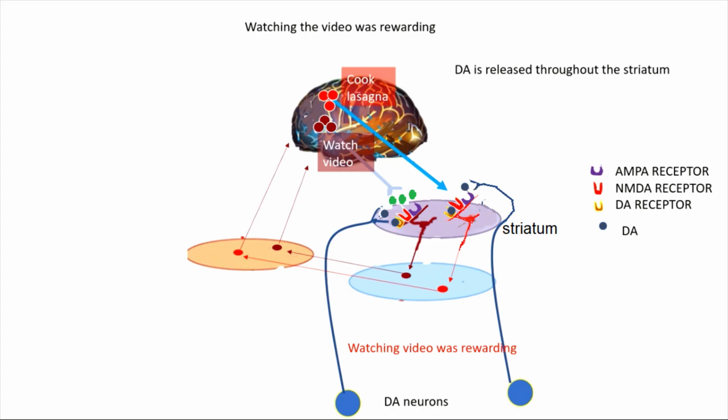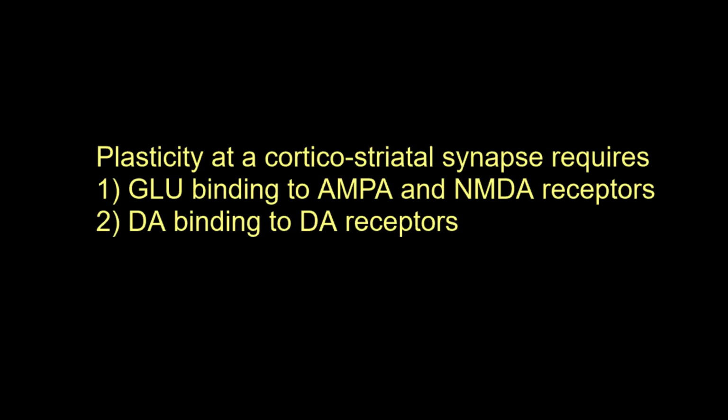In the striatum, that's true as well. You need calcium to flow through the NMDA receptor, same deal. But in this case, it's not enough just to have the AMPA depolarizing the cell, but you also need dopamine.